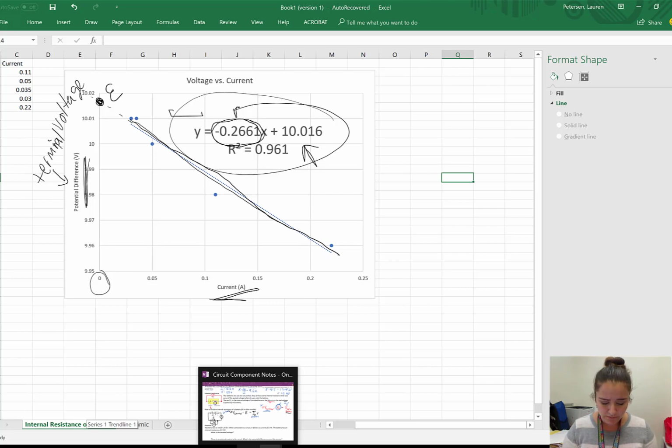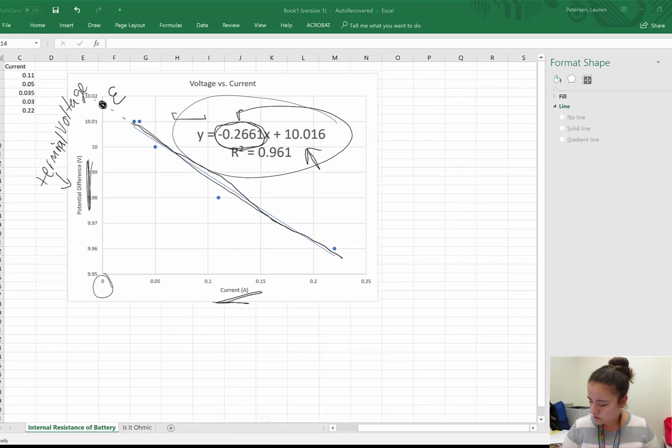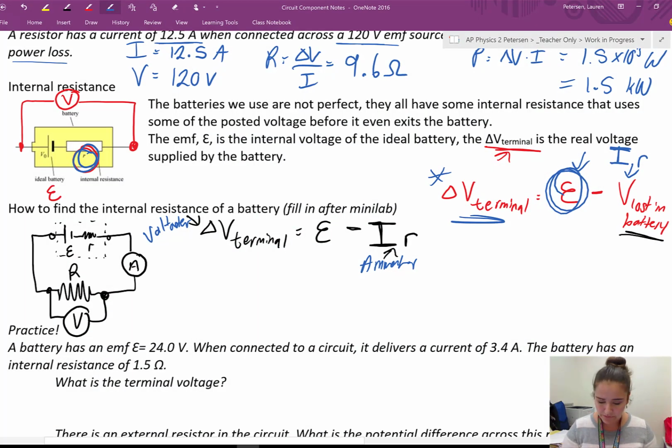With a little bit of rearranging, I'm just going to rewrite it as our terminal voltage, which again we're measuring using our voltmeter, equals minus Ir plus E. And that is the equation of a line.